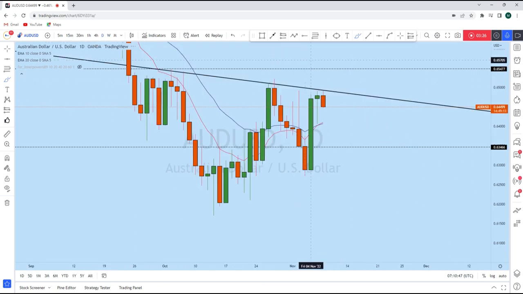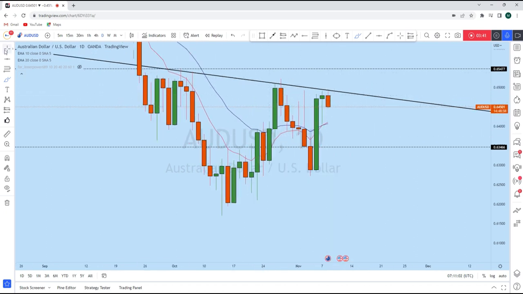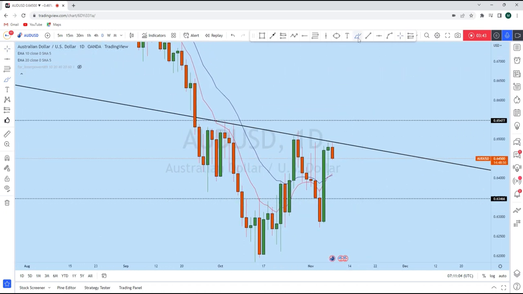Now looking at the daily, we have seen a very long bullish candle followed by a doji, which is in the direction of the local trend. It looks like a trend to the upside, but if we consider the higher time frame perspective, this is the monthly and weekly resistance we are considering, and a series of lower highs has been created.